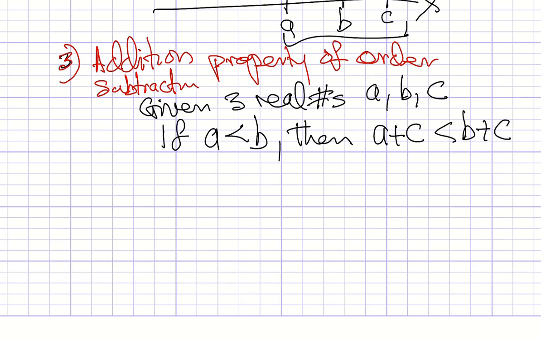That's all he's saying. If A is less than B, let's say right here A, and this is B, and then you have C somewhere.